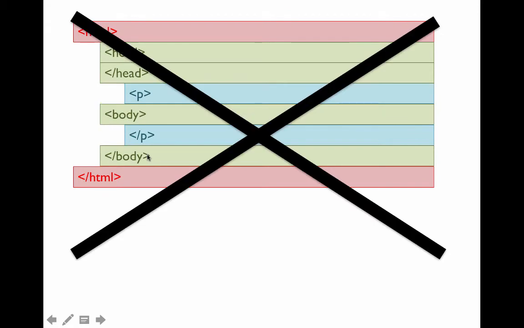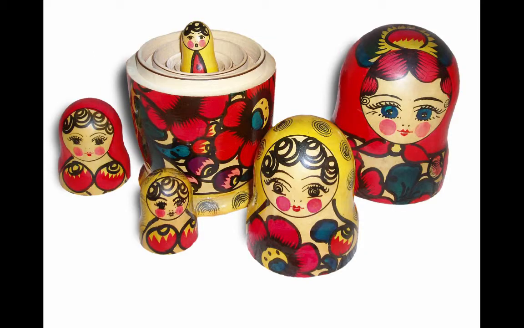Here's what you can't do. You can't do something like start a P tag and then start a body tag and then close your P tag. If you're going to start P up here, you need to close it before you start something else. This is what's called an overlapping tag. It's not properly nested. You got to think of Russian dolls.